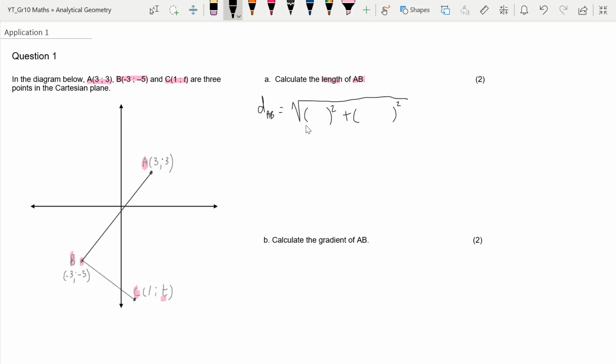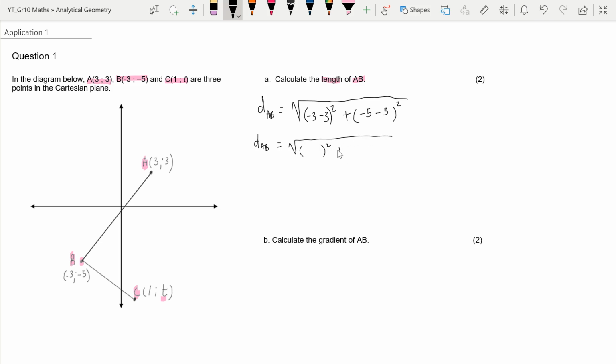So I'm going to take my 2 x values, and I'm going to subtract them. And then I am going to take my y values, and I'm going to subtract them.